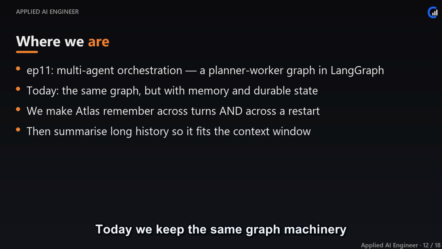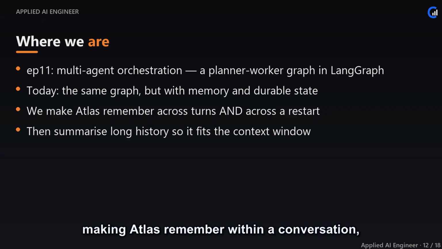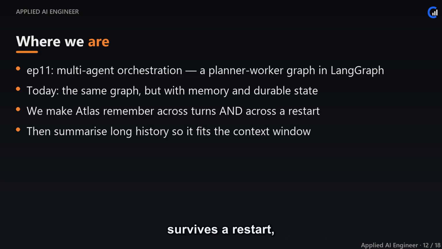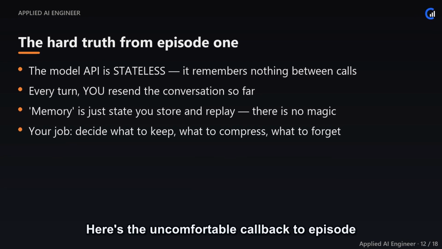Today we keep the same graph machinery and bolt on the missing piece, memory, making Atlas remember within a conversation, persisting that memory to disk so it survives a restart, and summarizing old history so the prompt never blows the context window.